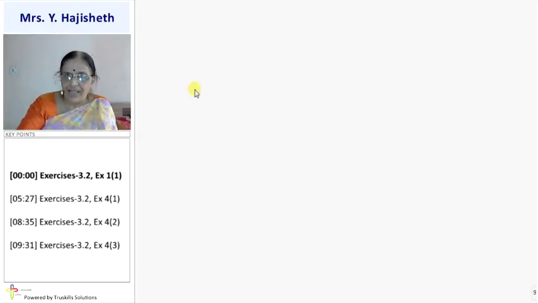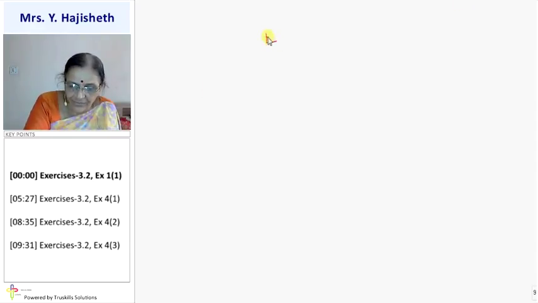Now see exercise 3.2. In that we have done the graph of the first sum, right?